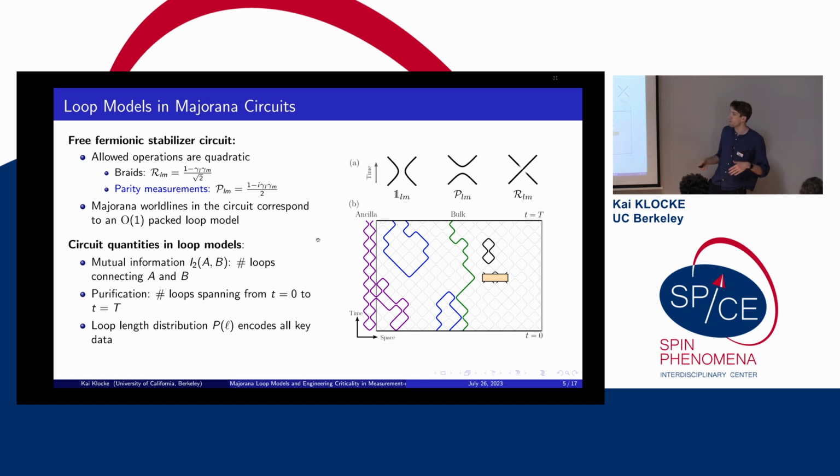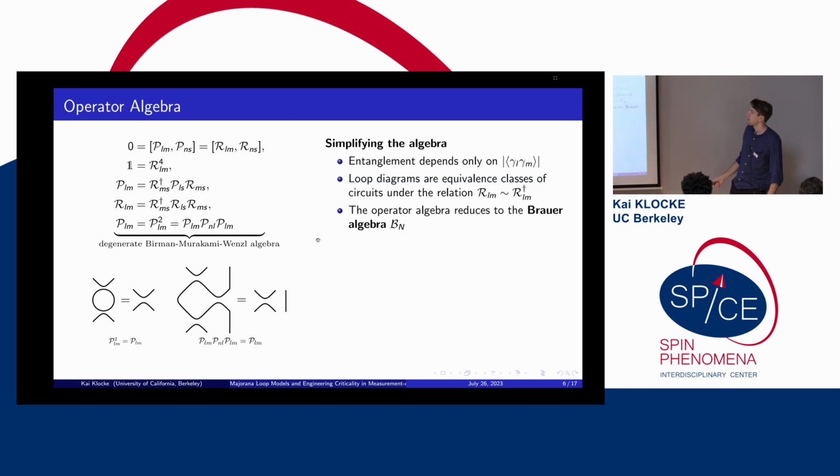And really, all of this information is essentially encoded in the distribution of loop lengths for loops which have both endpoints on the boundaries. So the problem reduces quite a bit just to studying classical loop models. But maybe I can motivate this mapping a bit better by quickly boring you with a little bit of operator algebra.